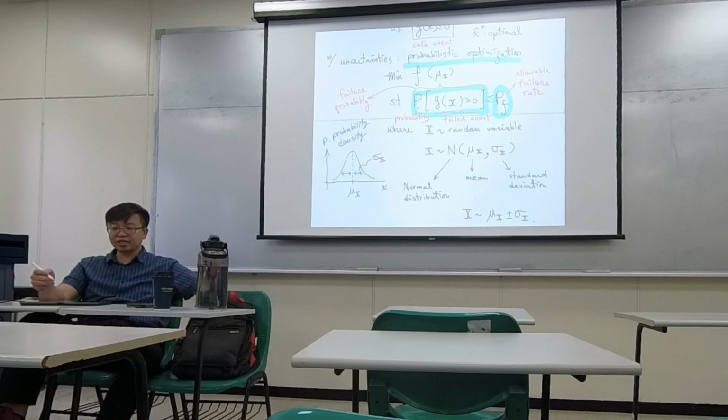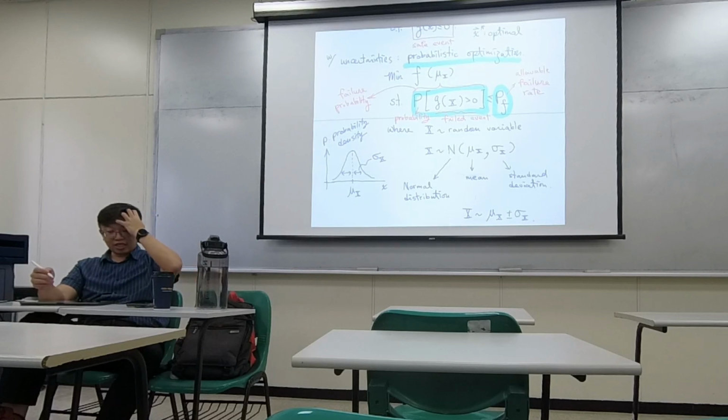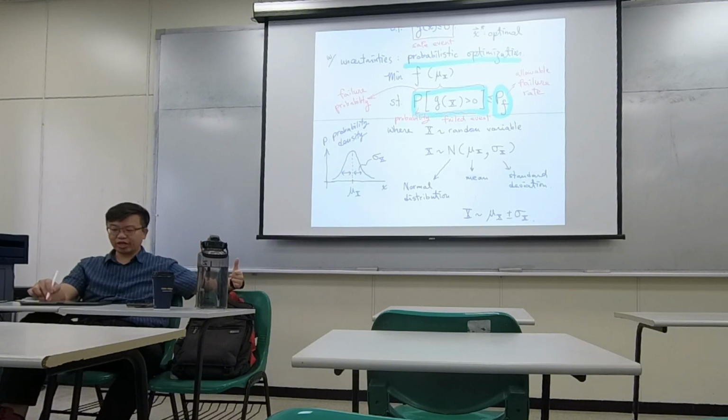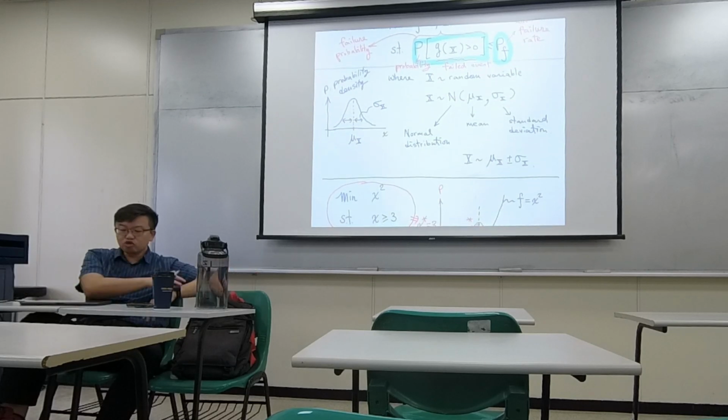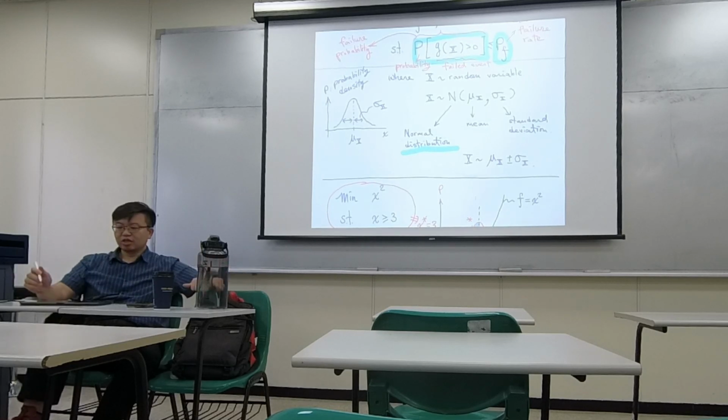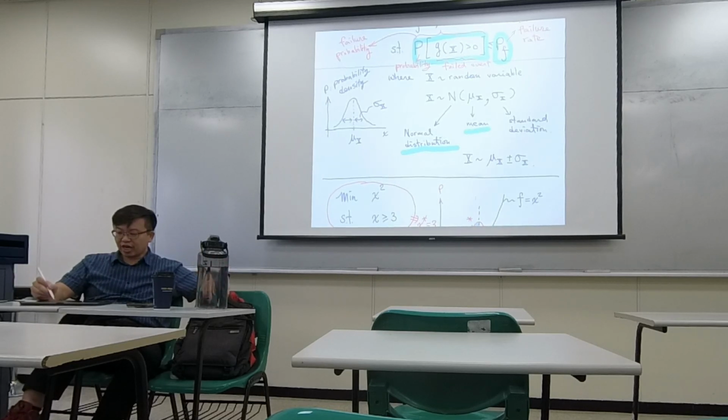How do you precisely choose your variables so that you find the best design you can, meanwhile controlling your failure rate. Okay, so usually we are handling normal distributions. That means the uncertain distribution has a mean and also standard deviation.